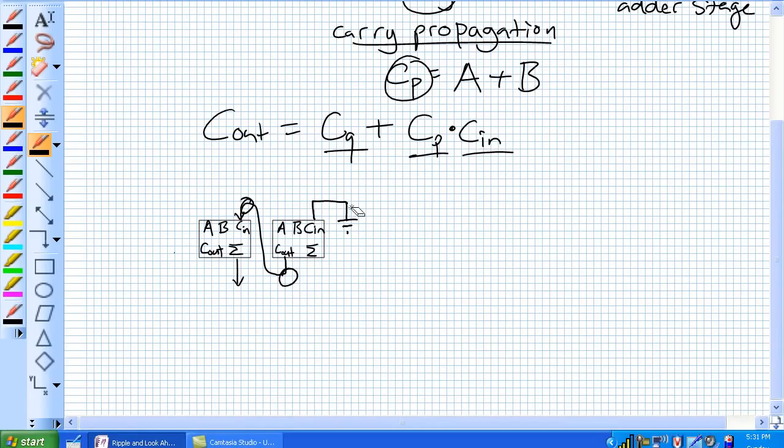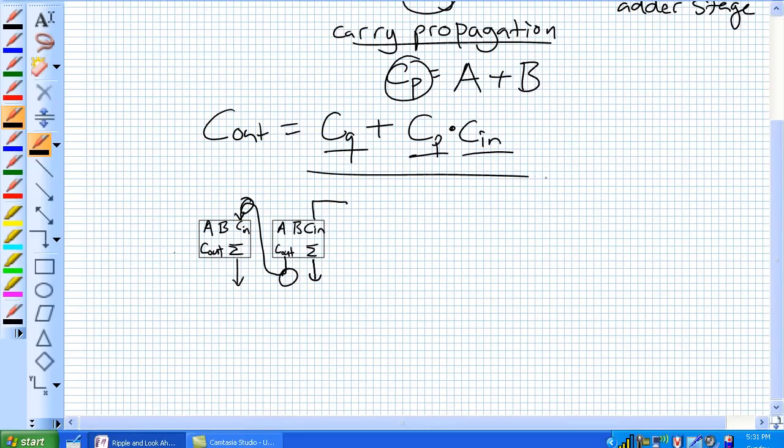No big surprise there. I'm going to remove this for now. You should know that the first stage's carry in should be grounded, but I'm just going to remove that for a second.